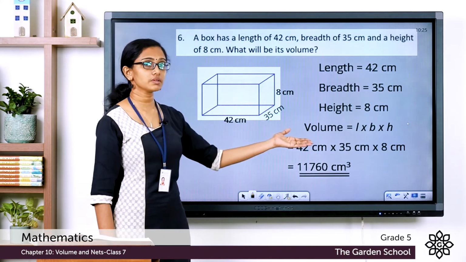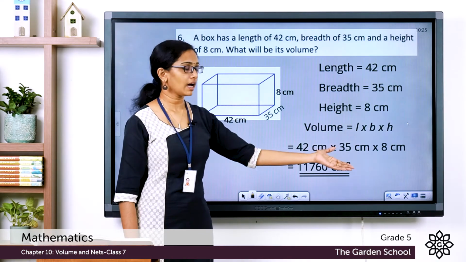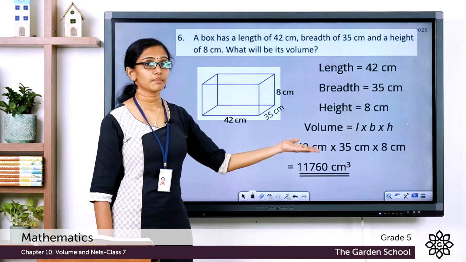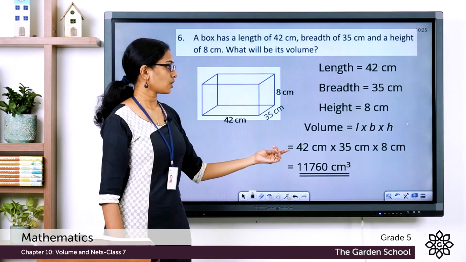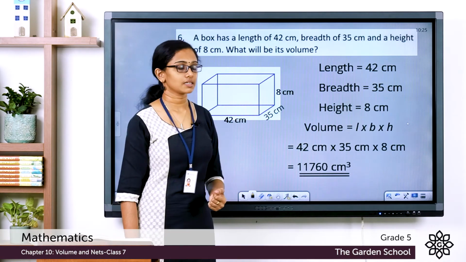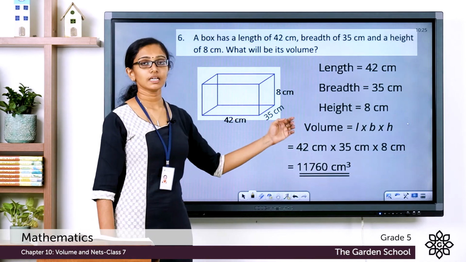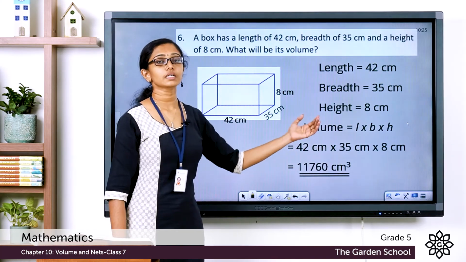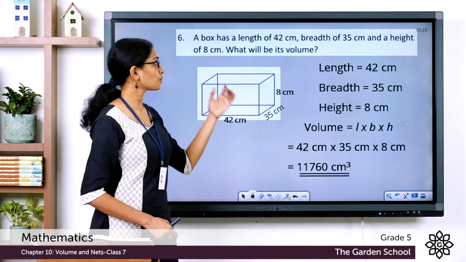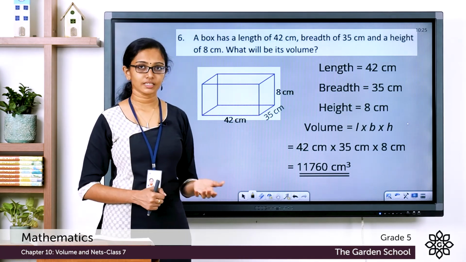And hence, the volume is equal to L into B into H, the length into breadth into height, and substituting the measurements here, we get 42 centimeter into 35 centimeter into 8 centimeter. That gives you the answer 11,760 centimeter cube or cubic centimeters. So, that is the volume of this box.